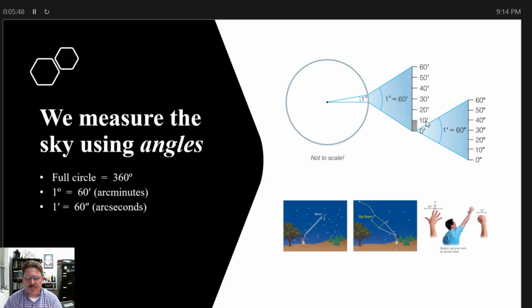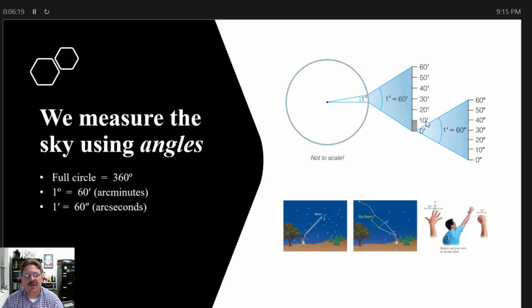Anyway, to give you a sense of scale of what these measurements look like on the night sky, you could easily imagine 180 degrees is from west through the top of the sky to due east. Now, to get to smaller scales, the full moon is half a degree in extent for the most part.